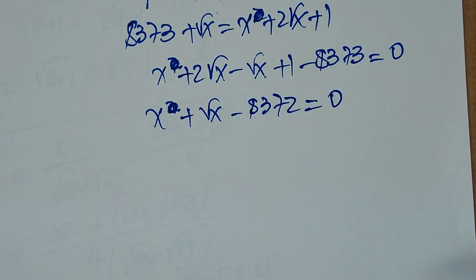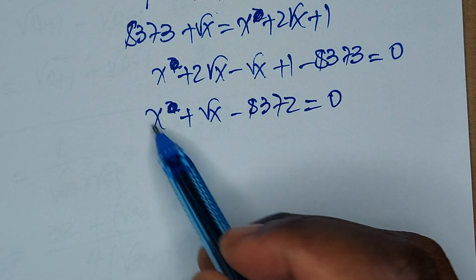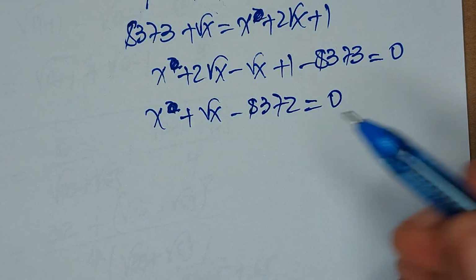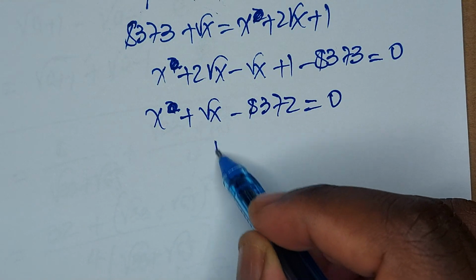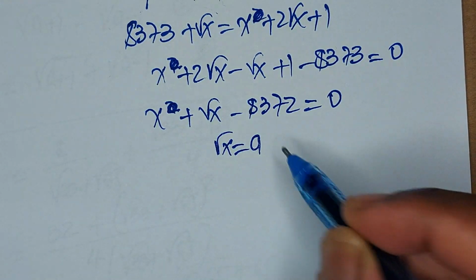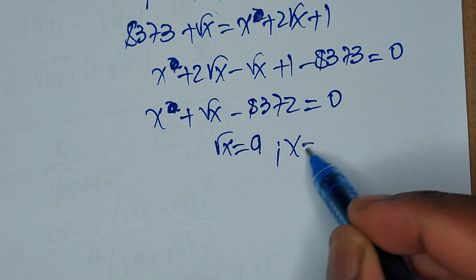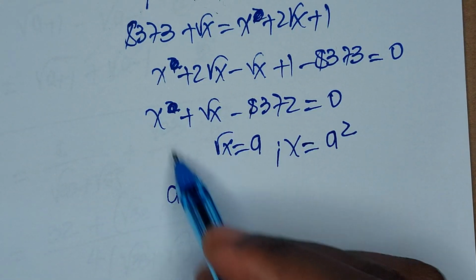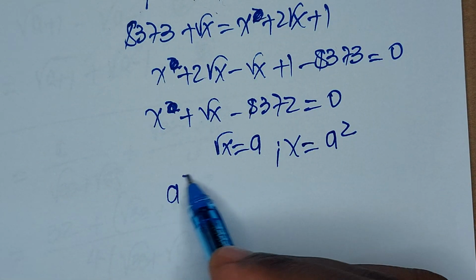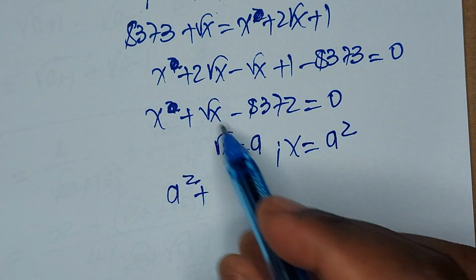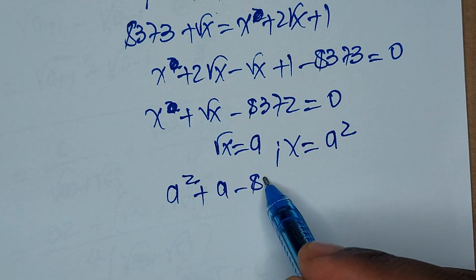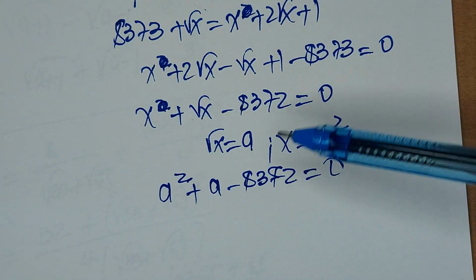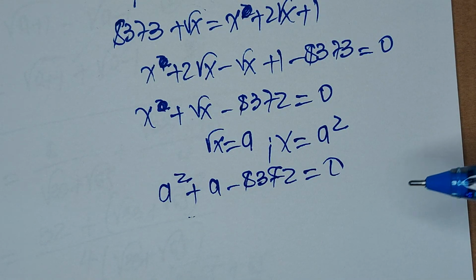Well, guys, from here you can make a substitution. For instance, you could do something like square root of x equals a, and then x equals a squared, and then you would have an equation like this: a squared plus a minus 83/72 equals 0, and you would solve this equation.